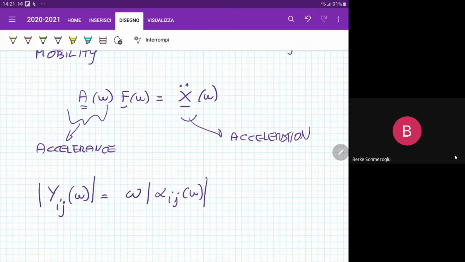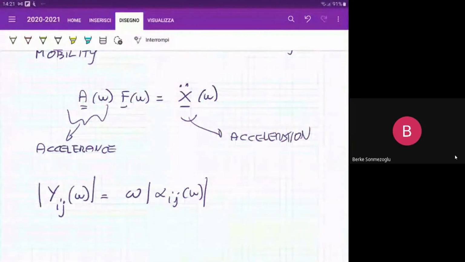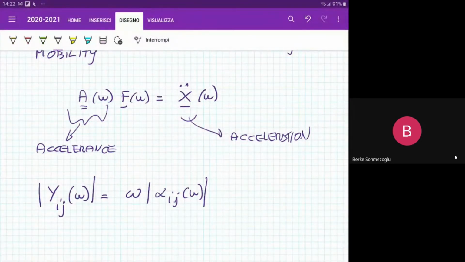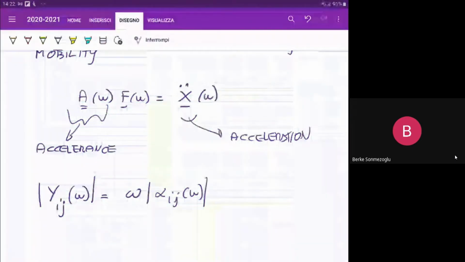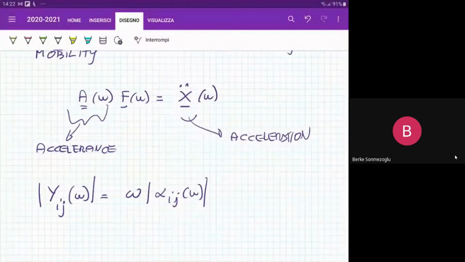Okay, and that comes straight from the harmonic relation: time derivation is equal to multiplying the harmonic frequency response function by j omega, but because we are referring to the amplitude, j is not considered.